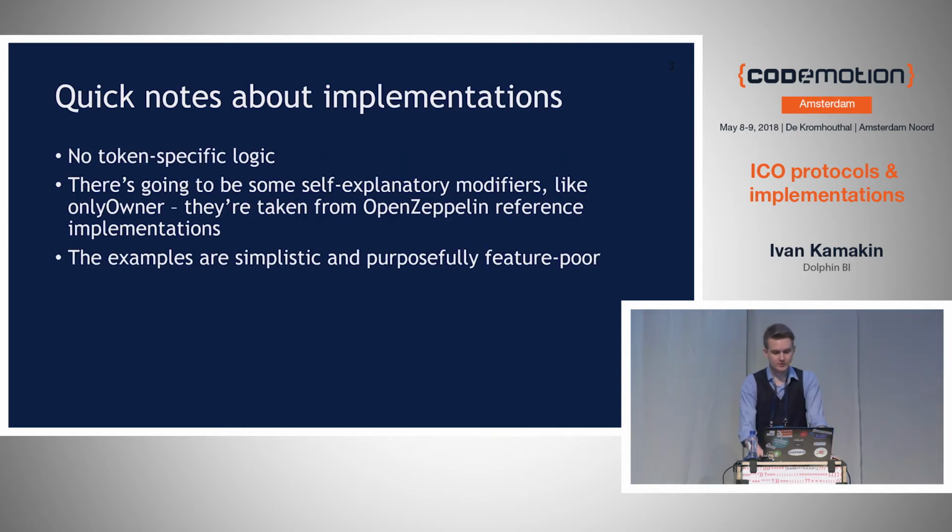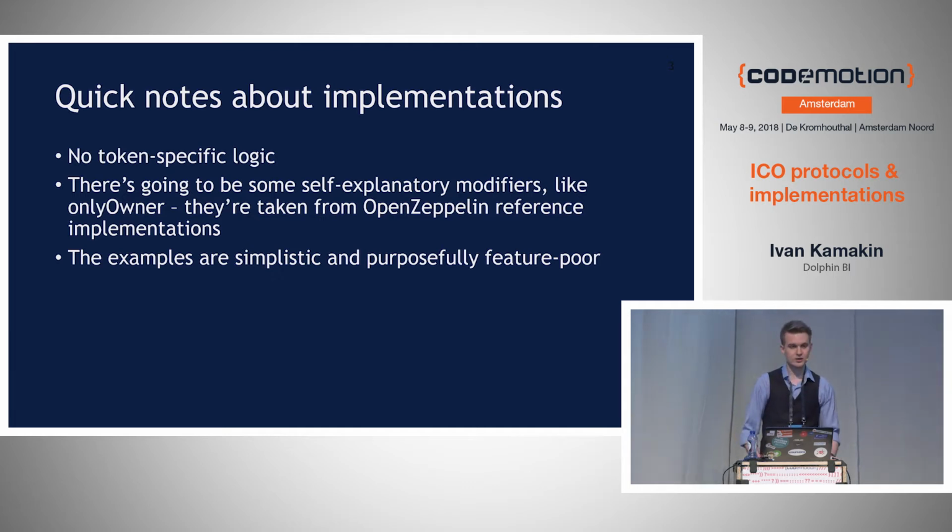A couple of words about implementations. I'm going to show examples in Solidity. In the end, there's going to be a GitHub link to all of the examples and some useful links describing different protocols and different implementations. When I'll be discussing these contracts, I will omit the token logic. So we will just assume that the token can somehow send the newly minted tokens to the buyers.